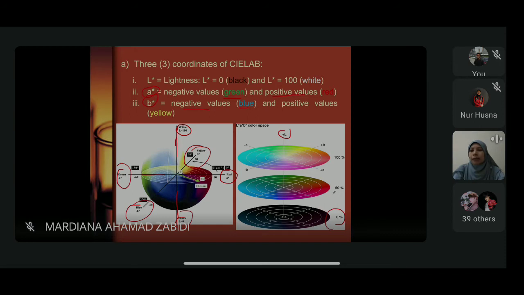Alright, so 50% means the color saturation is more saturated compared to the upper part when you have 100%. 100% means white, because you have measured white. Remember just now I mentioned to you, when you measure the color, the wavelength that is being reflected 100% is from a white surface. But when you talk about 50%, the saturation of the color is different.